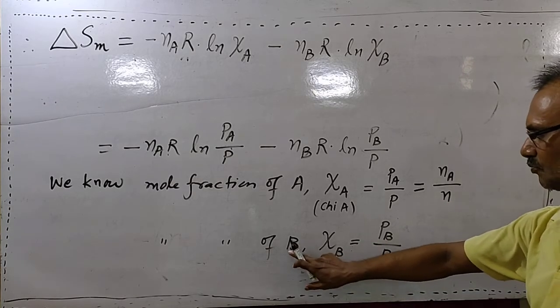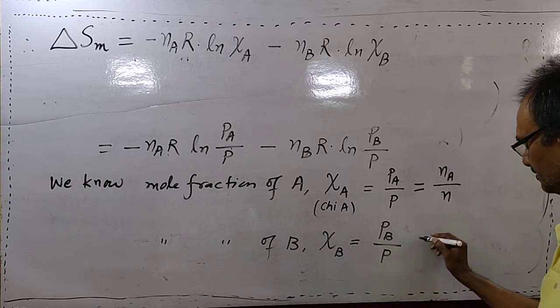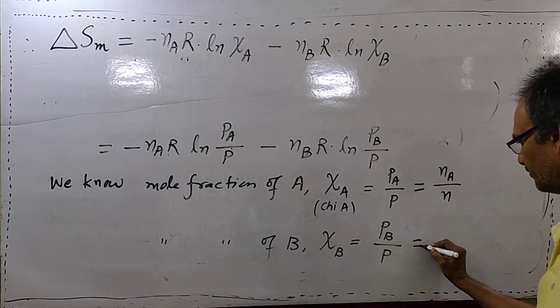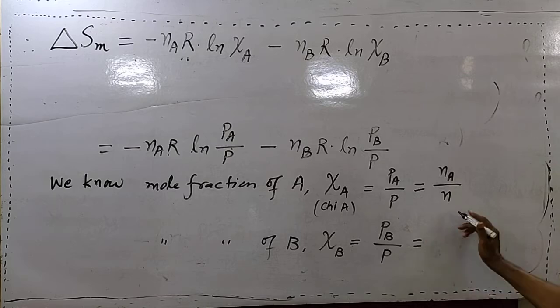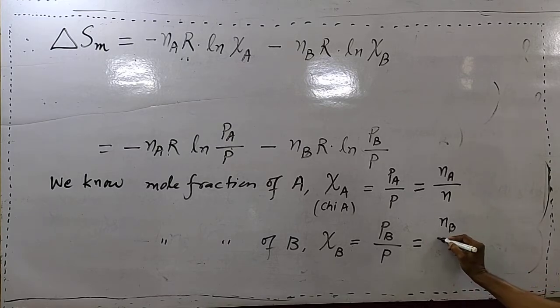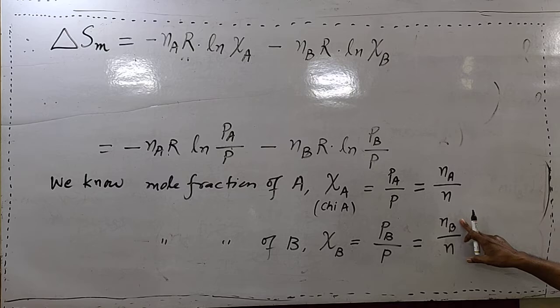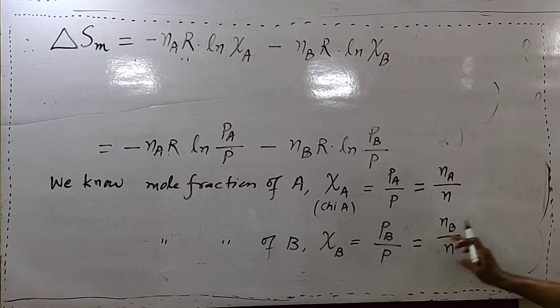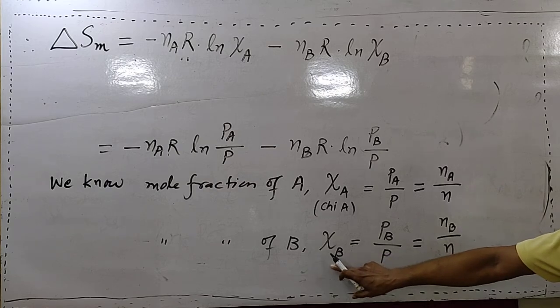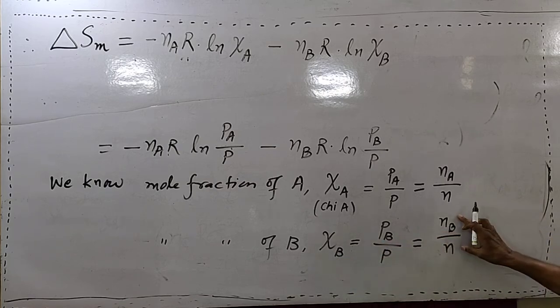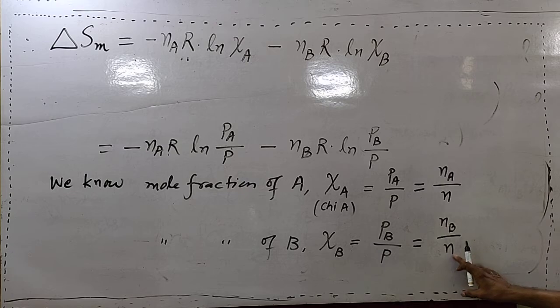Similarly, mole fraction of B in terms of mole is equal to Nb divided by N, which is equal to chi B. Number of moles of B divided by total mole.